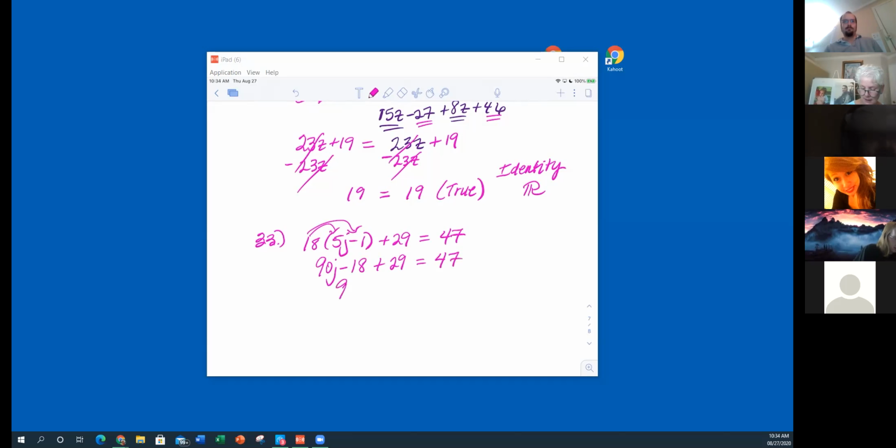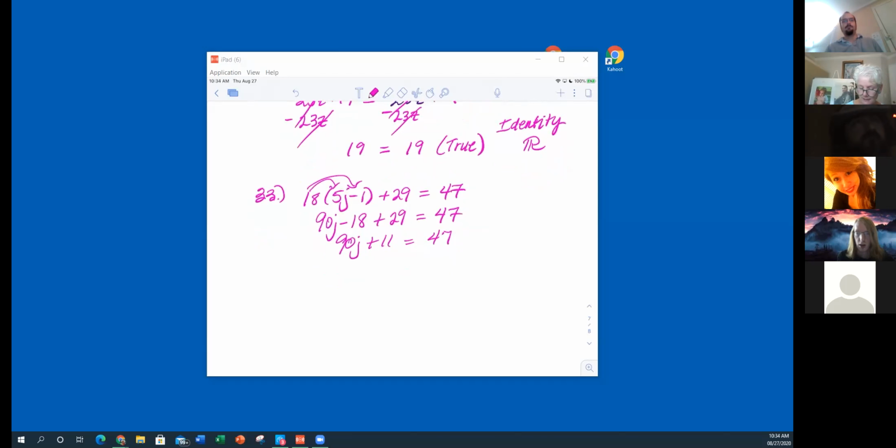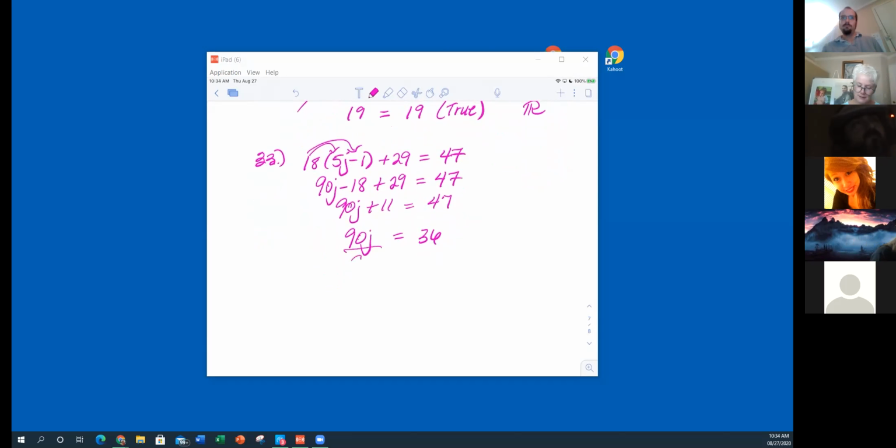So that's going to give me 90j plus 11 equals 47. So subtract 11 from both sides and I get 90j equals 36. Divide both sides by 90. It's not pretty, but it is a fine answer.